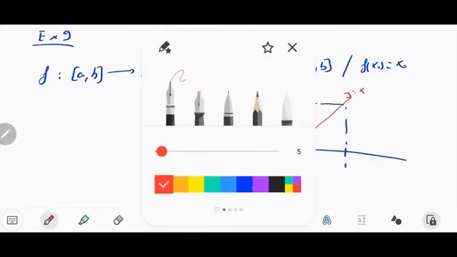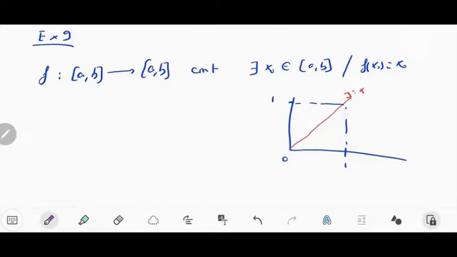If you start your function like in here, so the image of 0 is in here, you need to define an image for all the points between a and b, so between 0 and 1. You are obliged, either by ending your function at the point b, so we'll have a point b such that f of b is equal to b, or to end your function somewhere in here, so you'll have a point here such that f of x is equal to x. So for sure you are obliged to have a point satisfying f of x is equal to x.